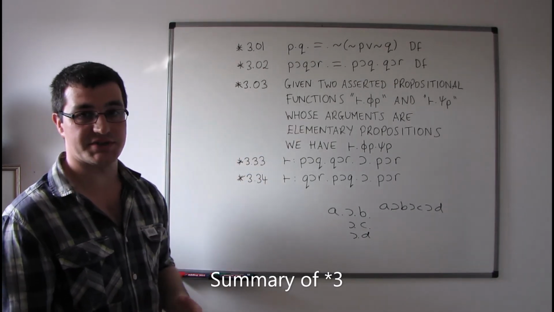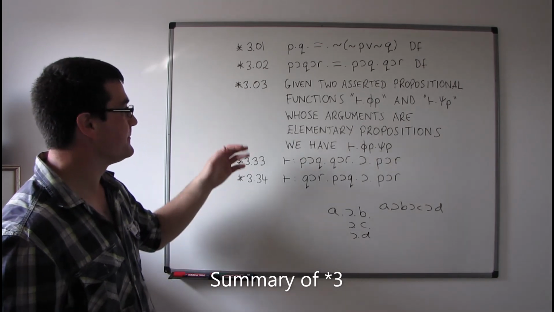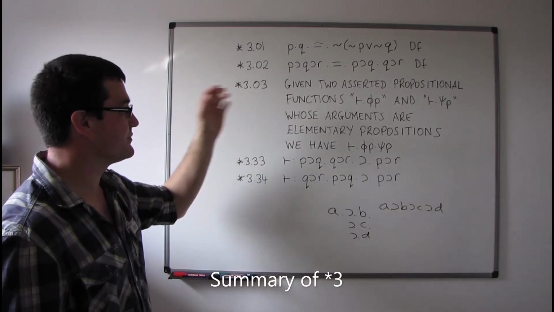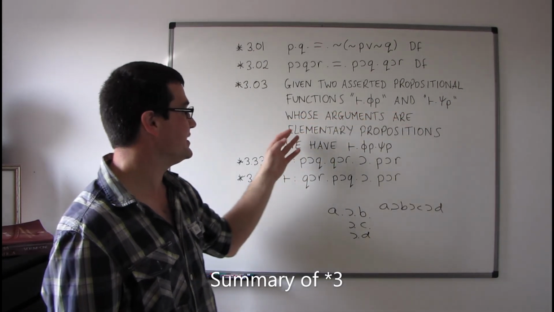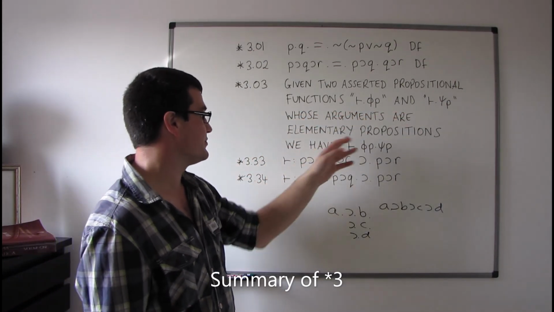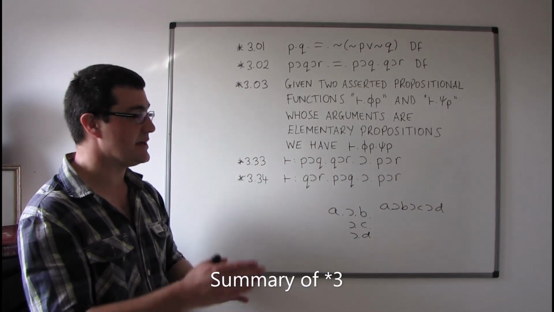3.03 is the first actual proposition in section 3, and it says that given two asserted propositional functions, phi p and psi p, whose arguments are elementary propositions, we can assert the logical product of phi p and psi p.